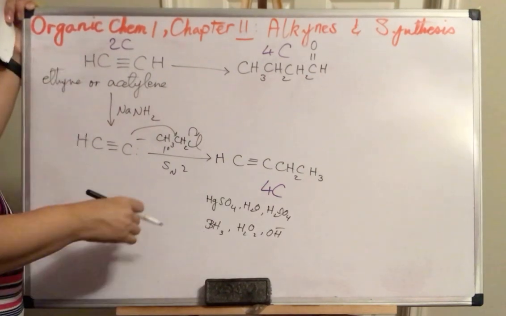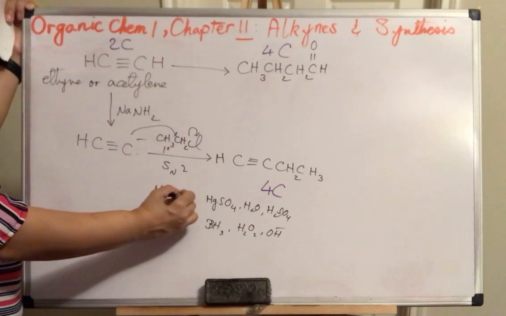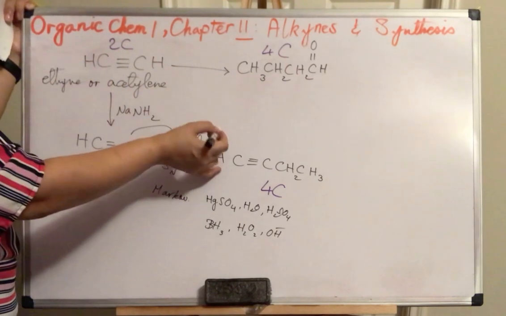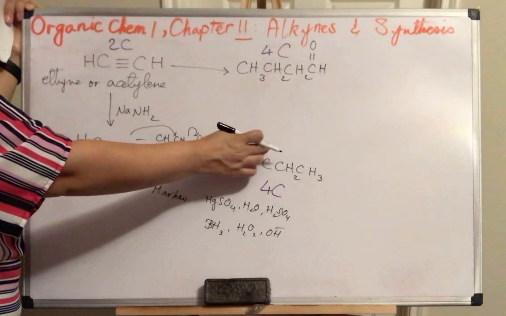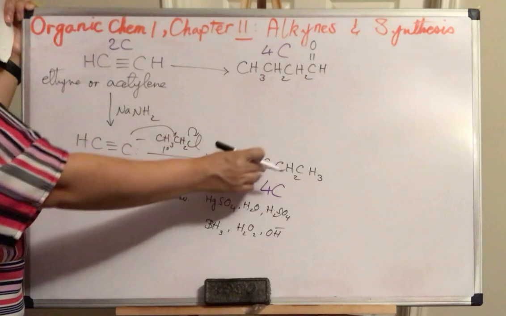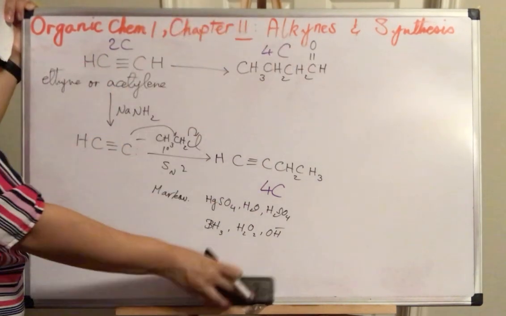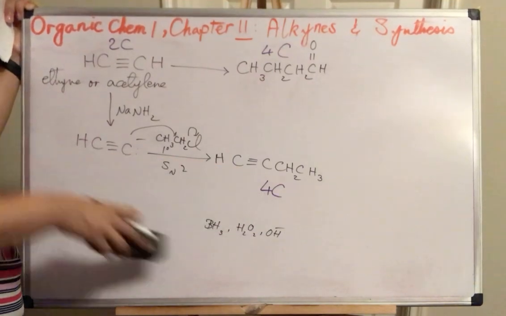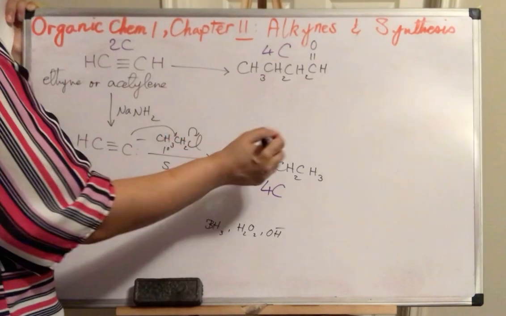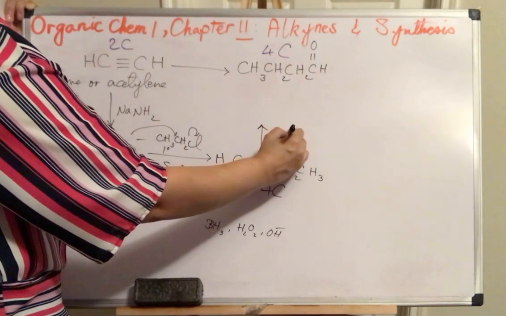So let's see which one. If you use this, it's going to be Markovnikov, right? Markovnikov means we add hydrogen here and OH here. So the carbon-oxygen double bond will fall on the second carbon, but we want it on the first carbon. That means we need to do a non-Markovnikov addition of water. So BH3 first in THF.